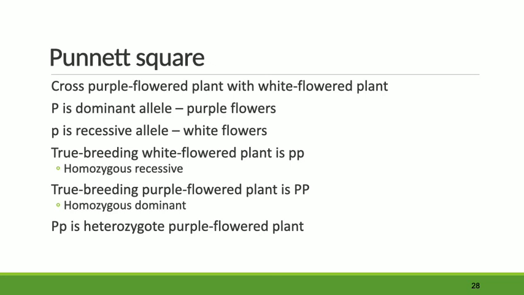It's pretty straightforward, but there are a couple of rules. When you write an uppercase letter, that represents a dominant allele. When you write a lowercase letter, it represents the recessive allele of that same gene. So in this case, they're both P for purple, even though the lowercase p actually stands for white.